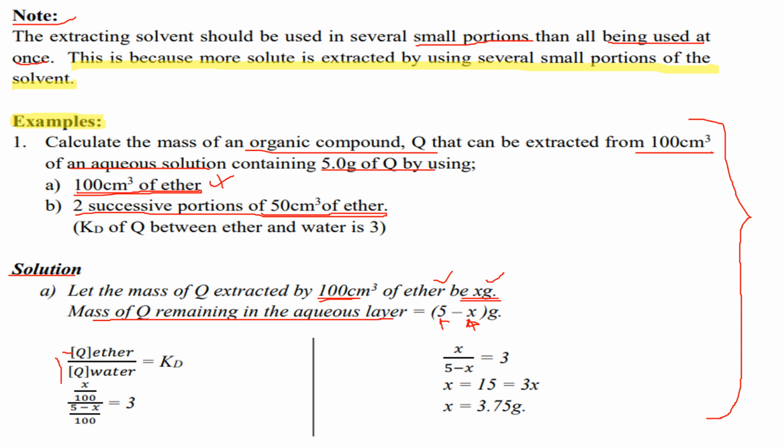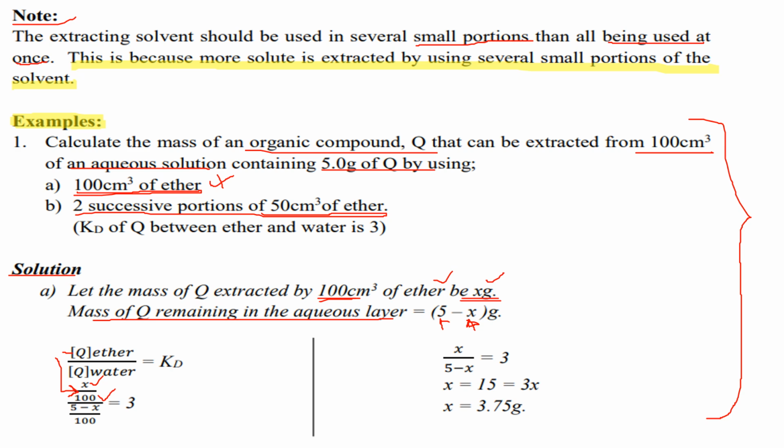We get the given mass of Cu in ether. Remember that will be the mass that has to be extracted. So the given mass will be x, and then we divide it by the volume of the ether we are using, and we say that we are going to be using all the volume at once, which is 100.